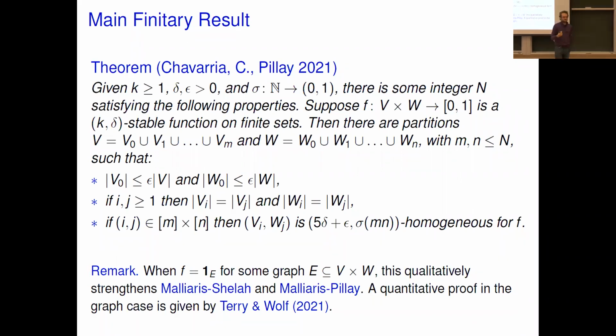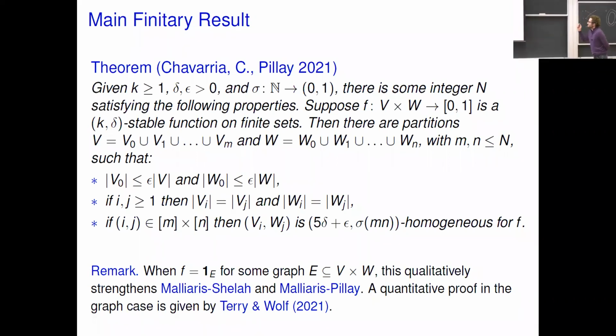So you wouldn't have, and I'm going to say a little bit more about why controlling with the function is interesting. If you went to my course, I did a version of this in the graph case, and one way we saw that this sigma was helpful is that it easily lets you get an equipartition from a possibly unbalanced partition, much more easily than other things that have appeared before.